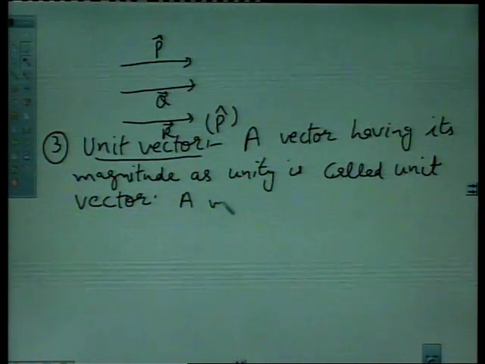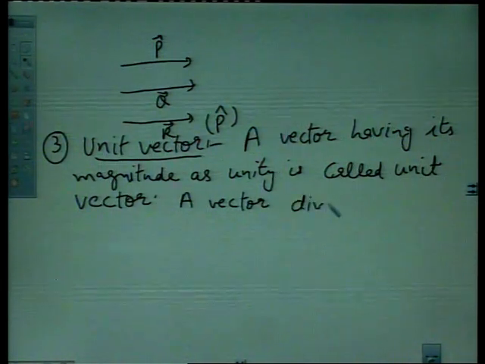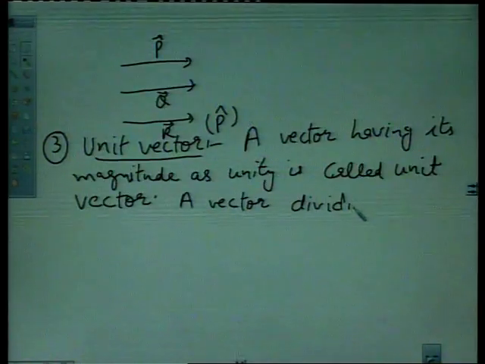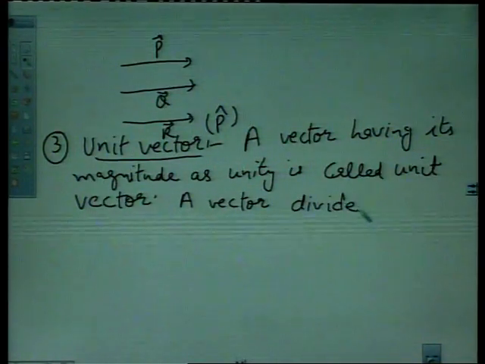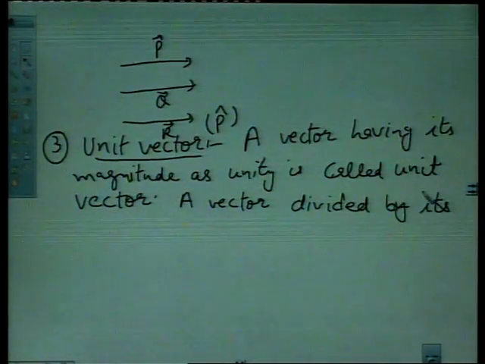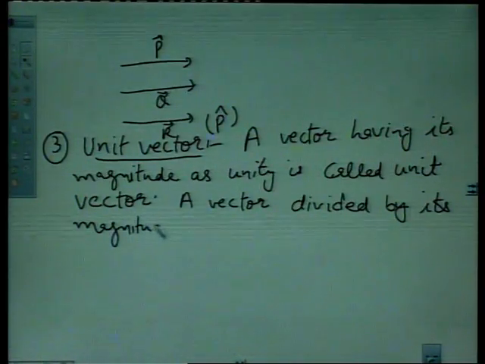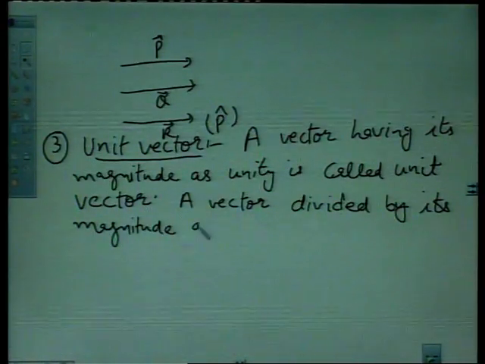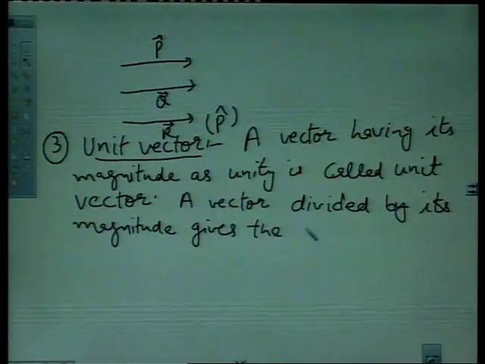A vector divided by its magnitude gives the unit vector.